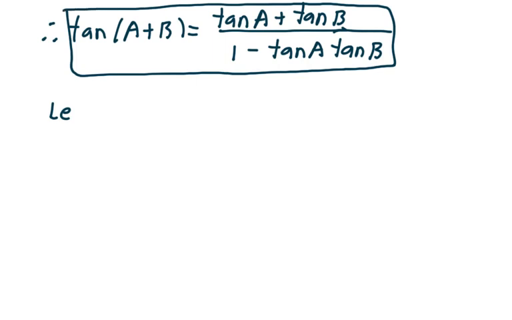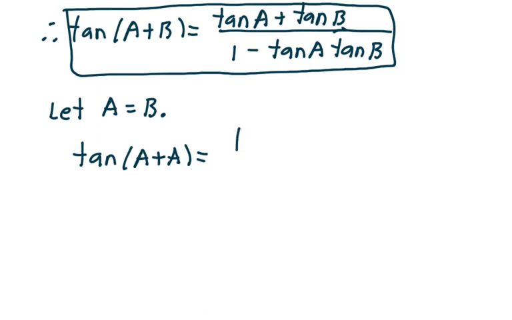Now what we want to do is let A equal B. And when we do that, we get tangent of A plus A. We're going to basically get a double angle identity.